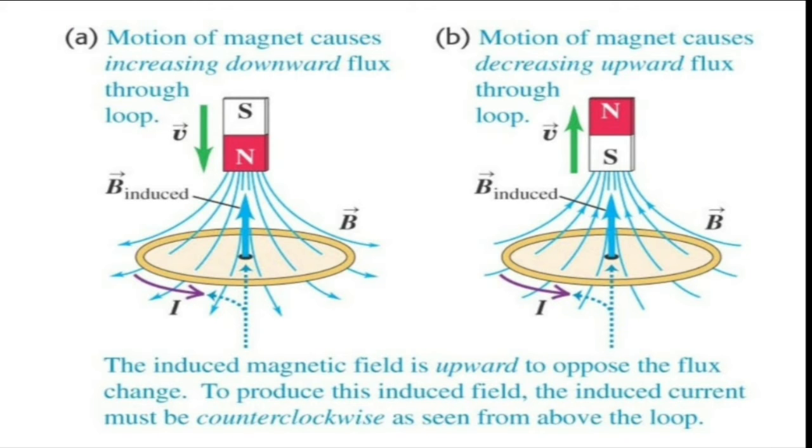So once again analyzing the situation. When the north pole of the bar magnet is moving towards the wire loop, the direction of current induced is counterclockwise because it should produce a magnetic field in the upward direction. Now in the second diagram we have the south pole of the bar magnet which is moving outwards.